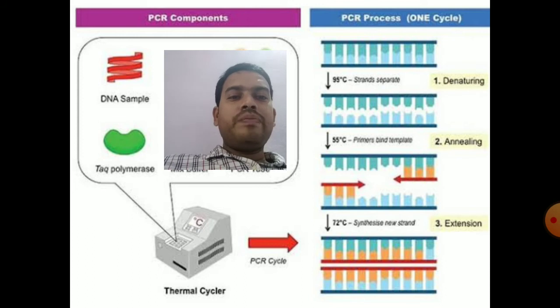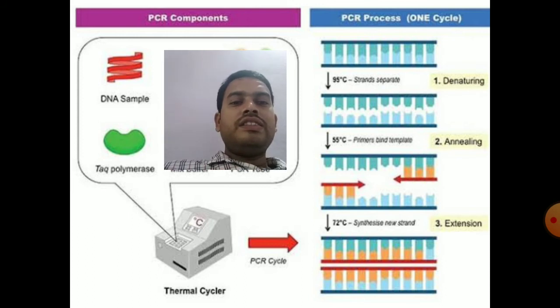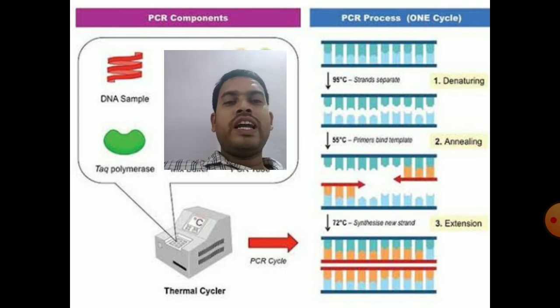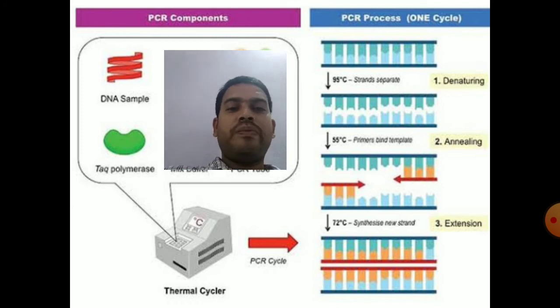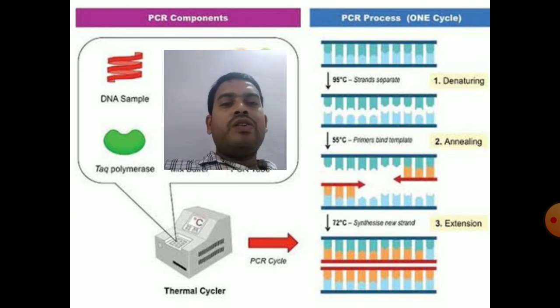So after completion of these three steps, you can also set the PCR how many number of times you want to amplify, and you have to use that much quantity of the reaction mixture for that particular number of times of amplification.